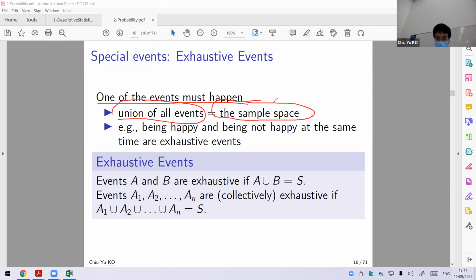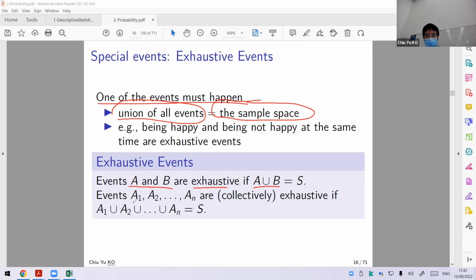It's exhaustive. So in technical terms, if you have two events that are exhaustive, then at least one of them must happen.